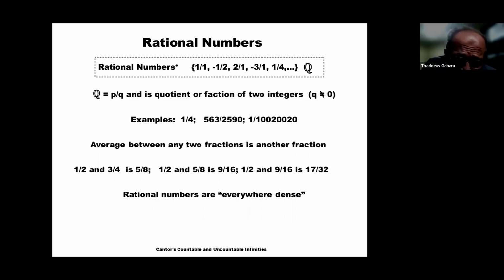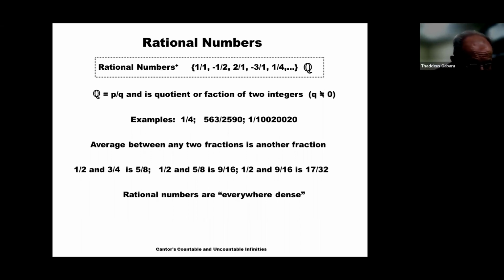If we take the average between any two fractions, we'll get another fraction which lies in between the two fractions. If we take the partition between two fractions, it'll be half.